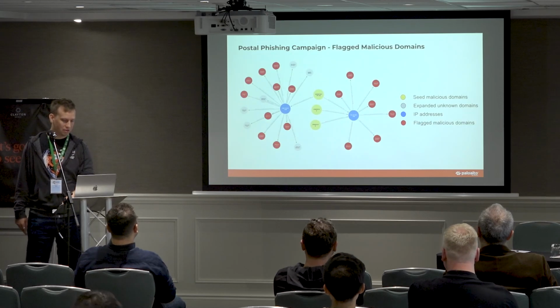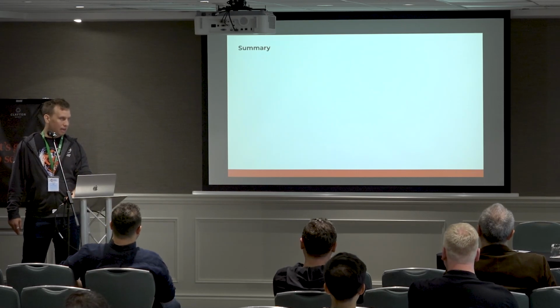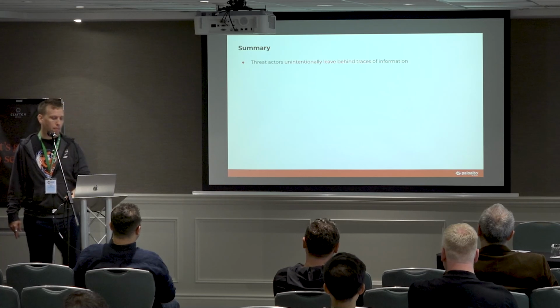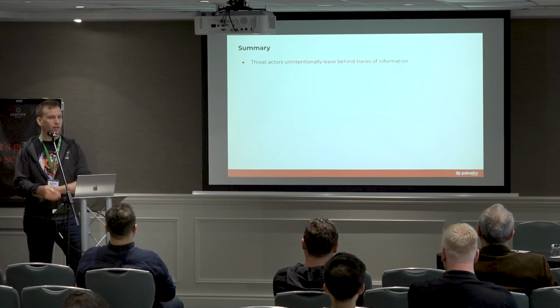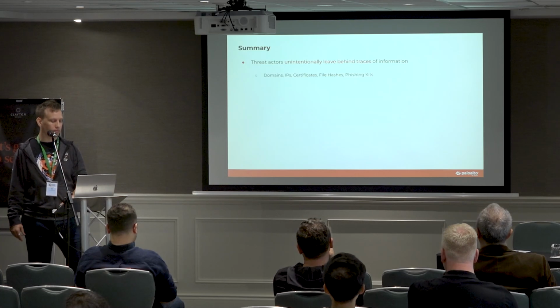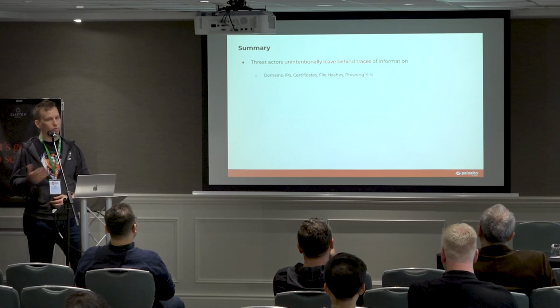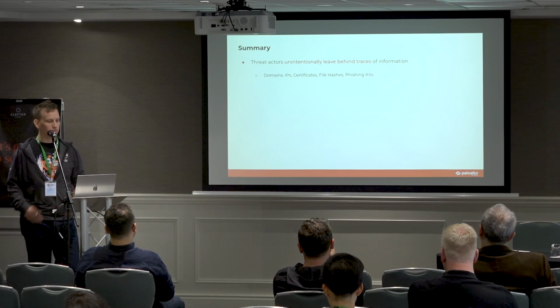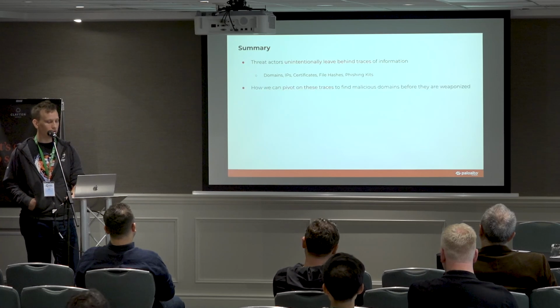All right. In summary, what we find is that threat actors, by using automation to set up their infrastructure, leave traces behind, for example when registering domains, creating certificates, and so on.